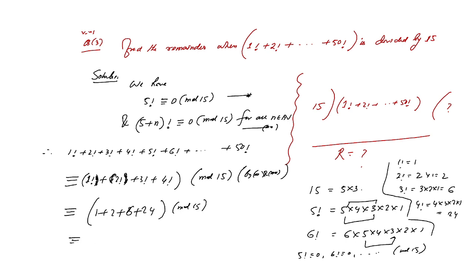That is congruent to 33 mod 15. Now if we divide 33 by 15, what will be the remainder? The remainder will be 3. This is congruent to 3 mod 15. So that means we get 1 factorial, 2 factorial, 3 factorial, up to 50 factorial, which is ultimately congruent to 3 mod 15.